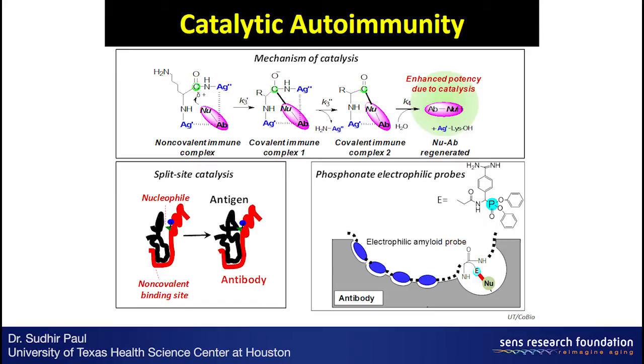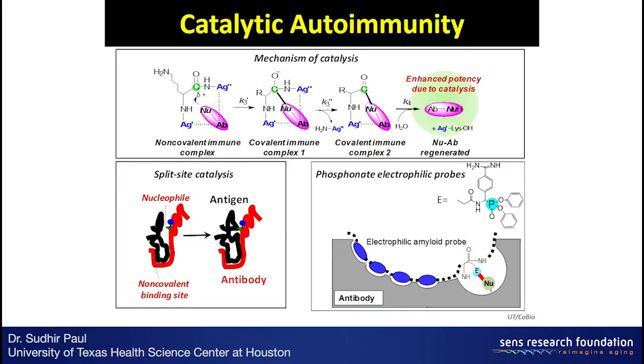This resides in the antibody variable region, somewhat remote from the non-covalent binding site. This is important to point out because the catalytic activity itself is promiscuous. It can cleave a lot of different peptide bonds, but the non-covalent binding activity of the antibody for a particular target, in this case amyloid beta peptide, is the reason why we get specific catalytic antibodies.